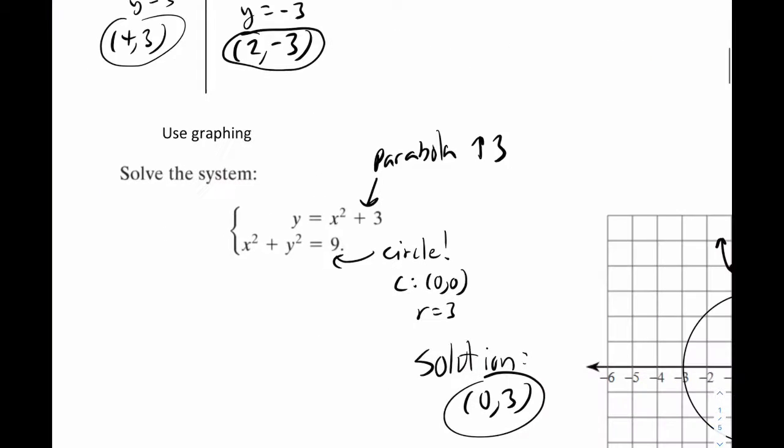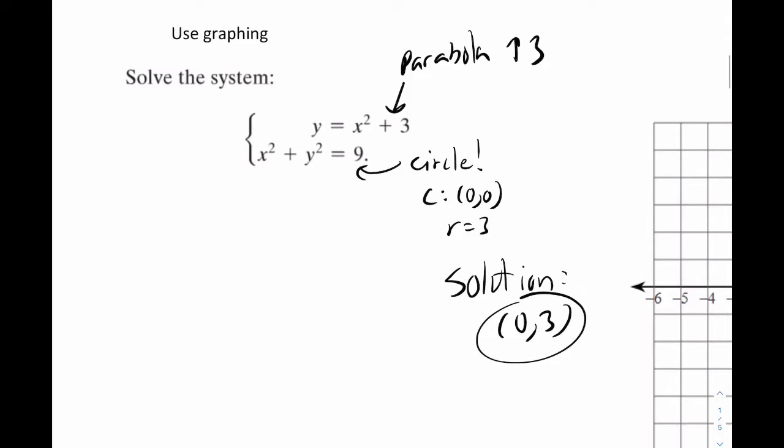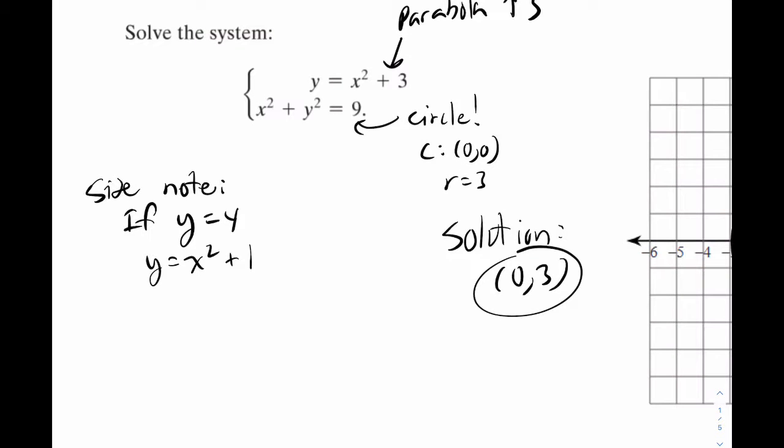Now before you do the practice problems, I do want to put a side note. So add a note to your worksheet here. Let's say you solve for y, you get y equals 4. And let's say your equation is y equals x squared plus 1. You want to be careful here. When you plug this in, you get 4 equals x squared plus 1. x squared should equal 3.